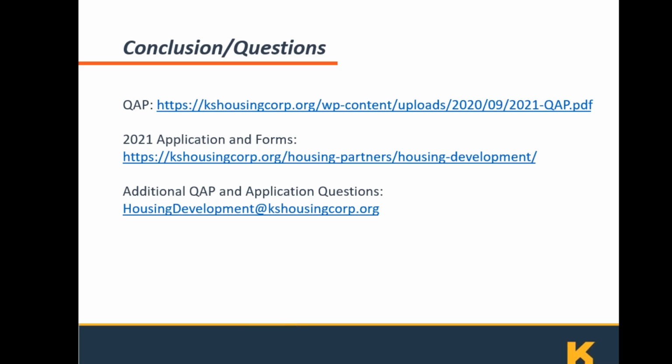I see that we've got a couple more questions, so I'll go ahead and answer those. The application workbook will be ready on Friday. When listing the applicant's experience, are you looking for only the properties placed in service between 2013 and 12/31/19, or the last 10 years?